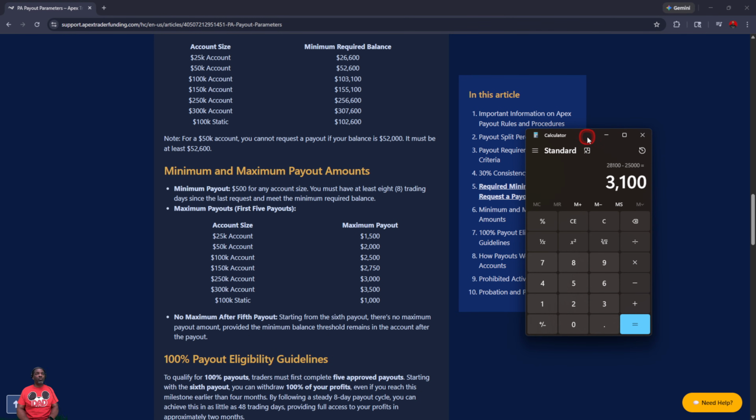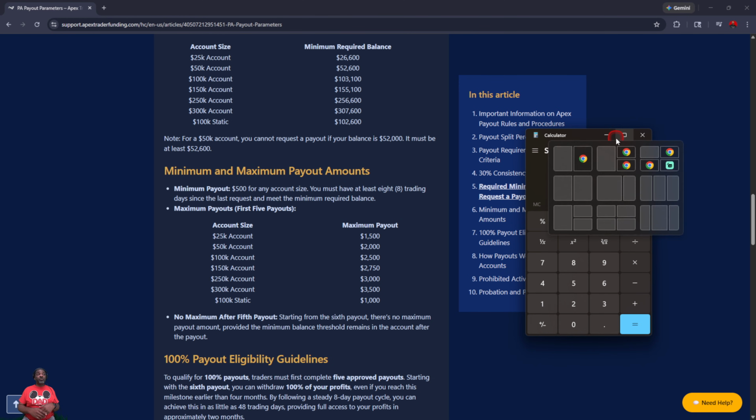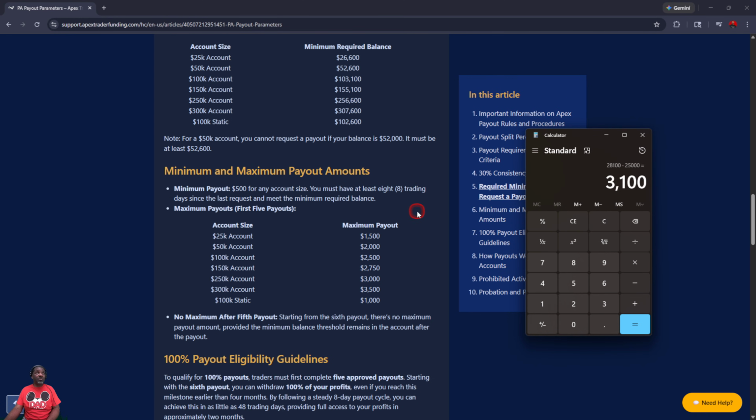So now, once you're in the funded stage, if you got a 25K account and you get 3,100 in your 25K account, now you can request $1,500 per account, right? Whereas if you got a 50K and you get 3,100, you won't be able to request nothing but like 1,000.